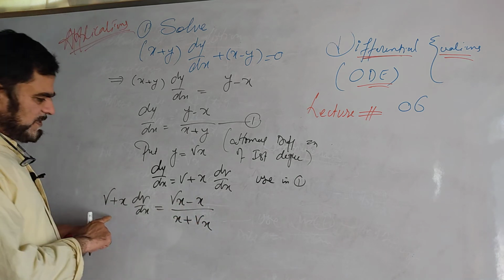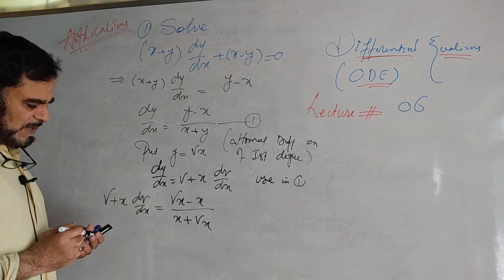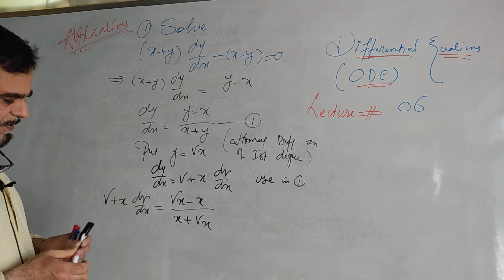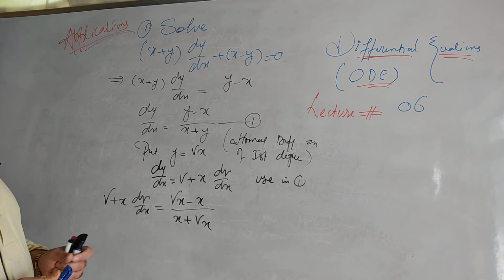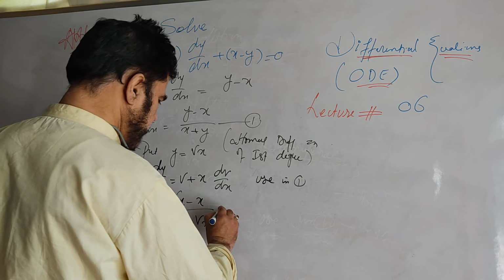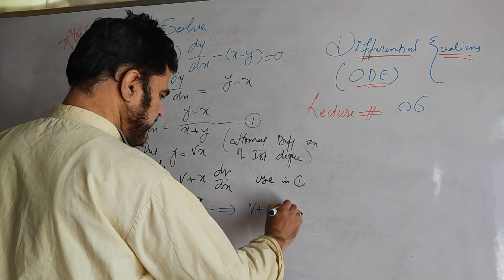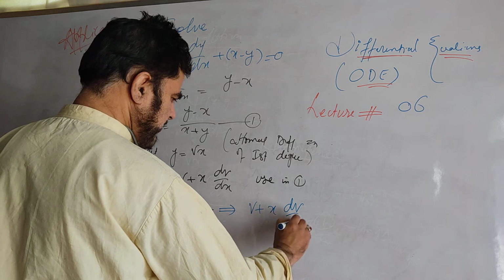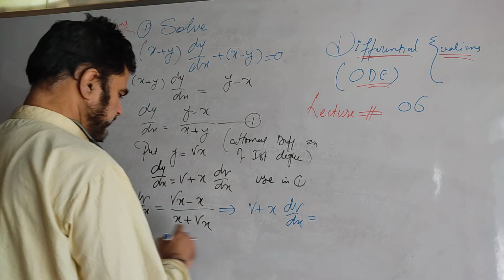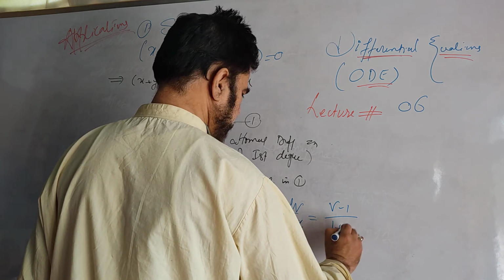Now look at this differential equation. You don't have y now, you have only v and x. So we have to make it separable, v terms with dv and x terms with dx. We can write this differential equation further as v plus x dv by dx is equal to (v minus 1) by (1 plus v).